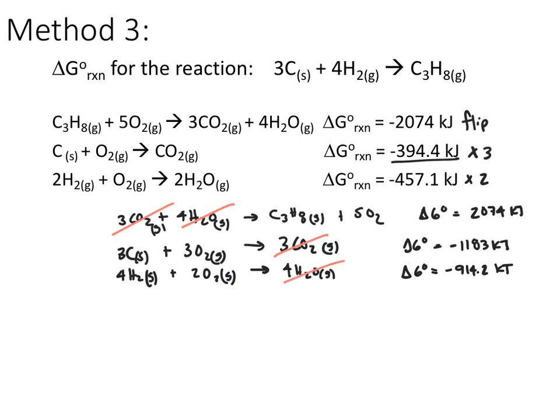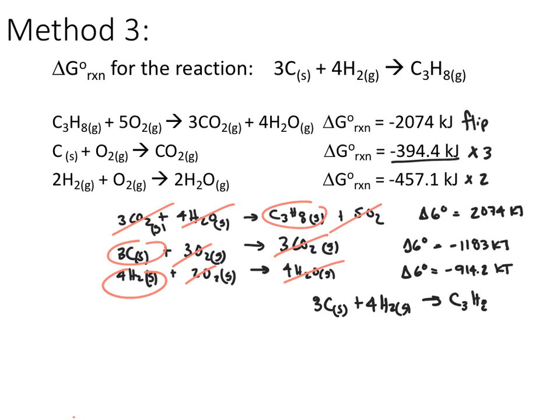We also have 5O2 on this side and 5O2 on this side. Okay, and the things that remain make up the following equation, which is the same equation as what we were wanting to solve for above.